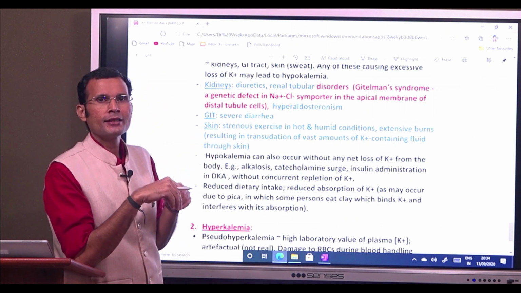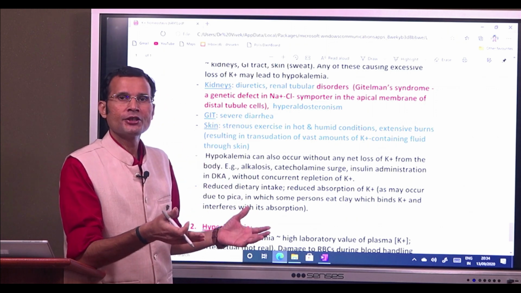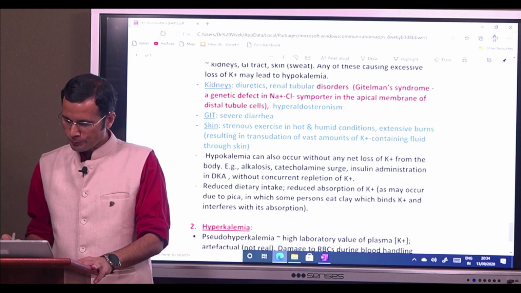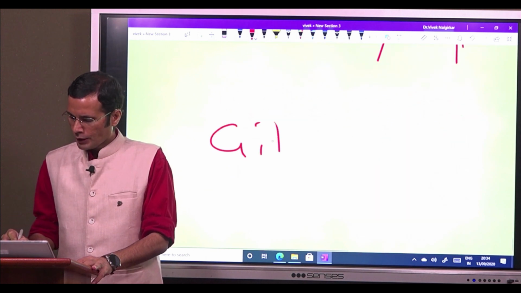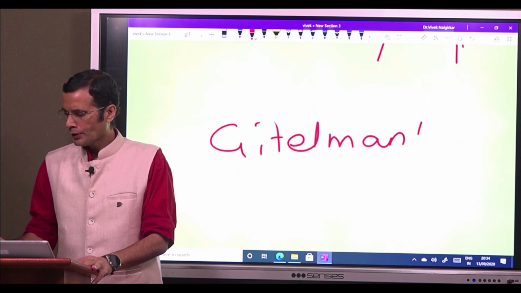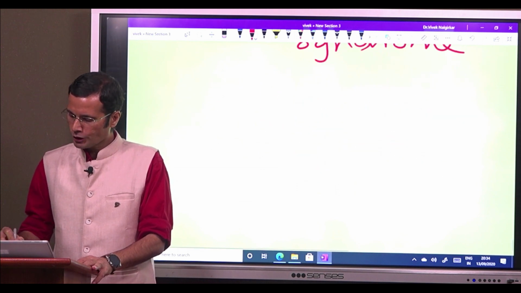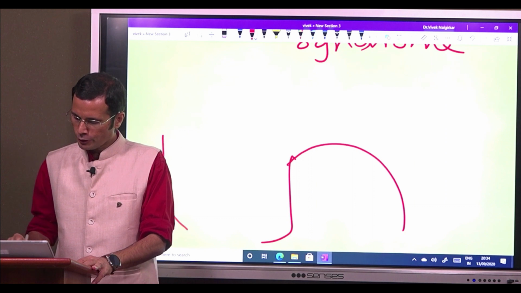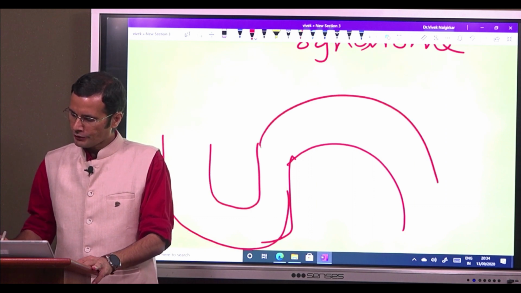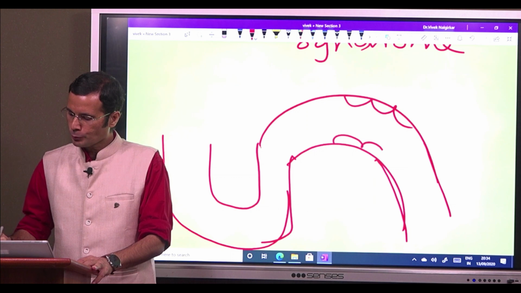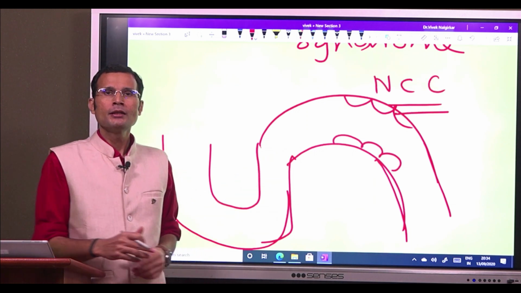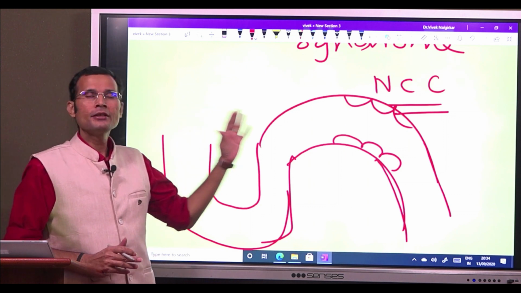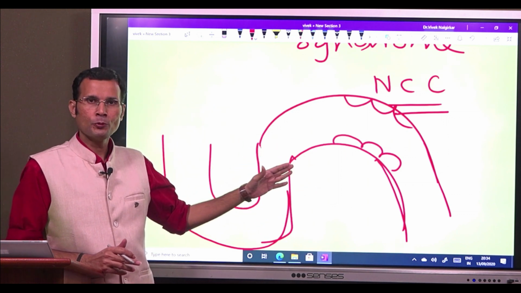Renal tubular disorders, there is a disorder called Gitelman's syndrome. What is the syndrome? There is a genetic defect in the transporter in the DCT. Look, this is the loop of Henle, and in the DCT I already told you there is a transporter called the NCC transporter, the sodium chloride co-transporter. There is a genetic defect in this NCC transporter.